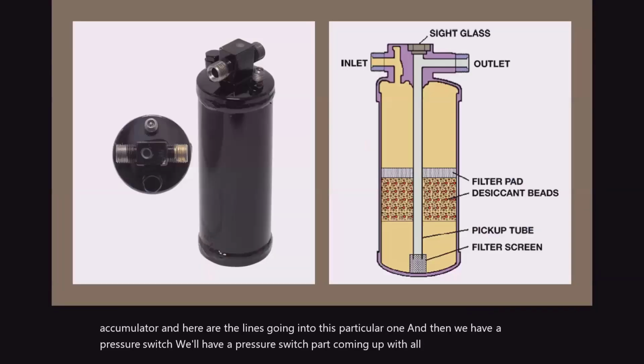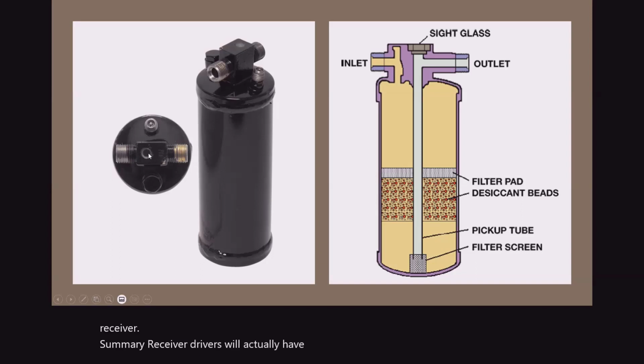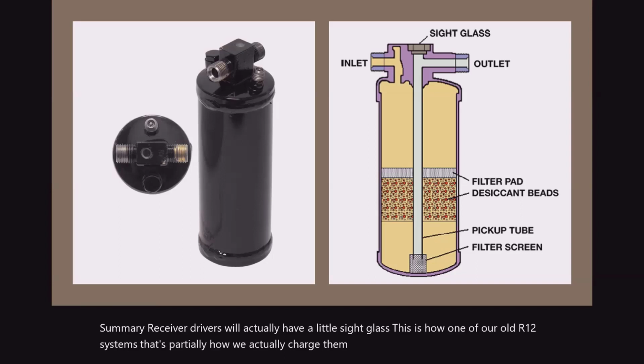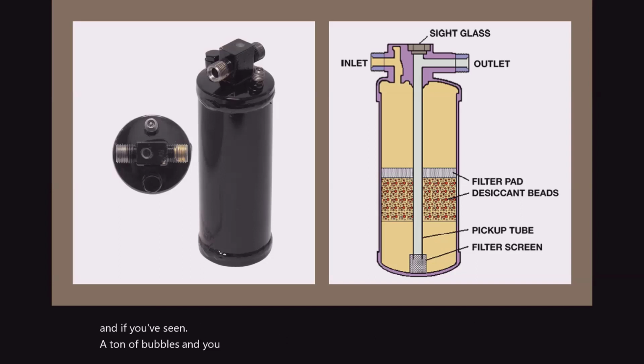All right, and then we have the receiver dryer, like I was talking about earlier. Some of your receiver dryers will actually have a little sight glass. This is how, on our old R12 systems, we would charge them up. We would look for bubbles, and if you saw a ton of bubbles, then you knew you had a low charge on the system.